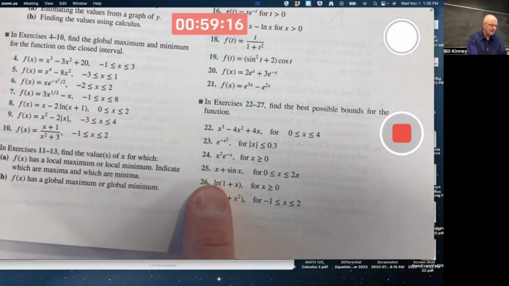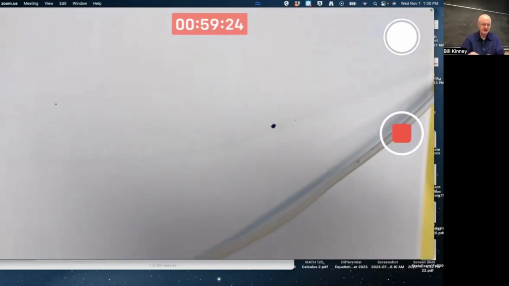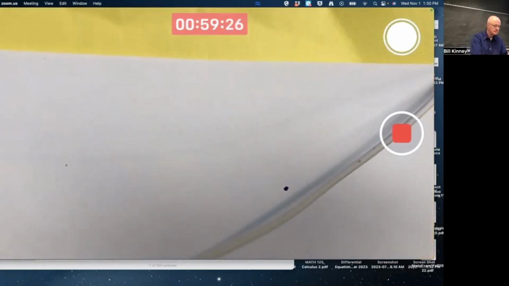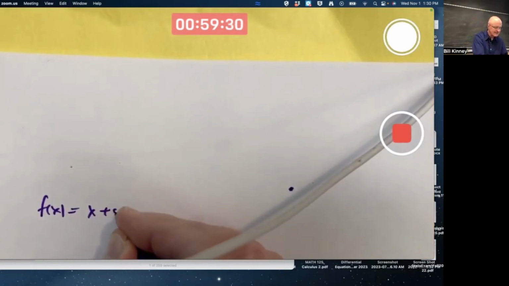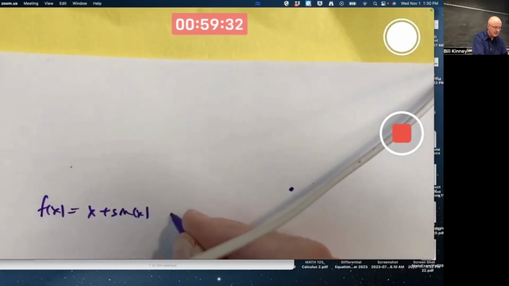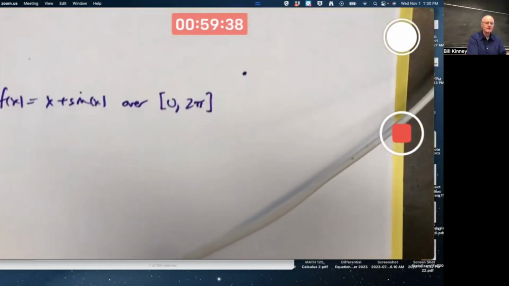Why don't we try 25 here? The function is x plus sine of x over the interval from 0 to 2 pi. Find the best possible bounds for that function. I'm using interval notation now.